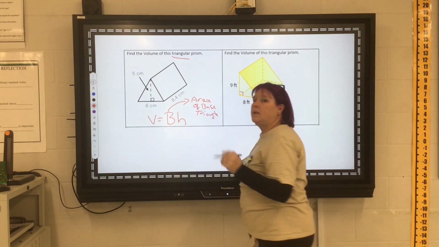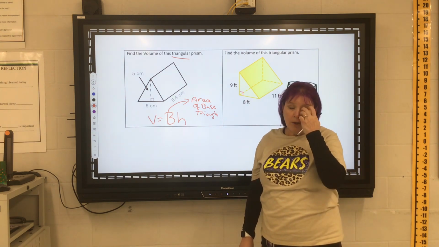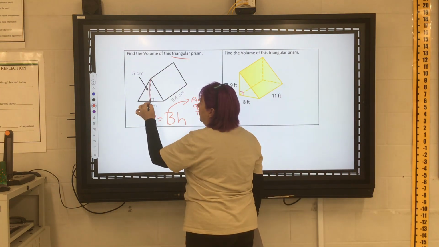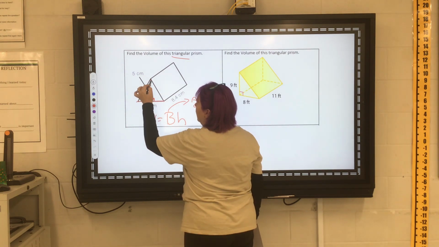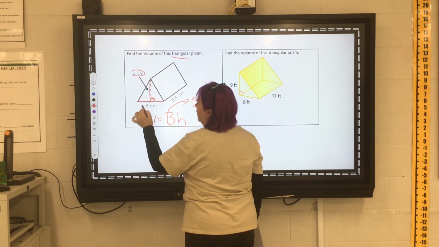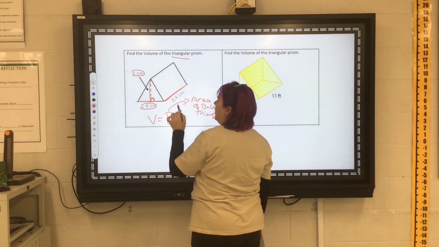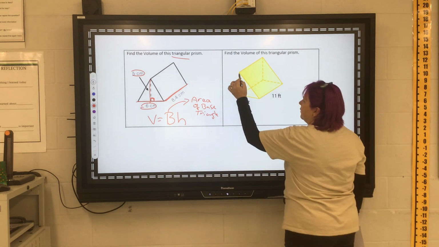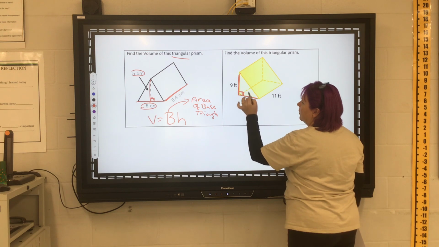Okay, when we're dealing with triangles, you have to look at the triangles. There has to be a right angle. So if you see here, here's my right angle. So I can use this one and this one as my bases. This is my height. Okay, this one, looking for my right angle.